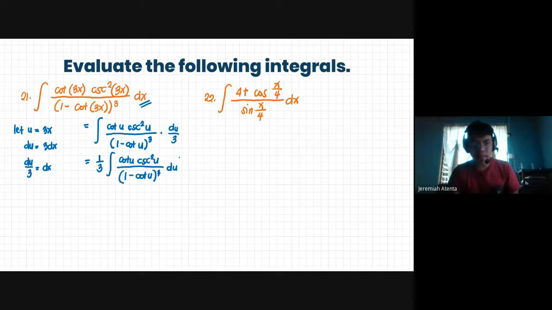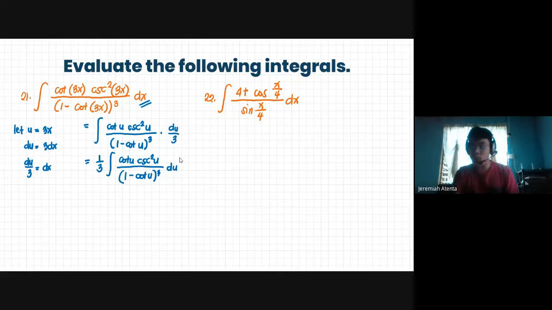Ayan. Now, in this case, makikita nyo na hindi pa siya simplified. Medyo mahihirapan pa tayo, right? But in this case, pag ito yung mangyayari, pwede kayong umulit. Pwede nyong gawin ulit yung substitution, integration by substitution para mas simplify siya.